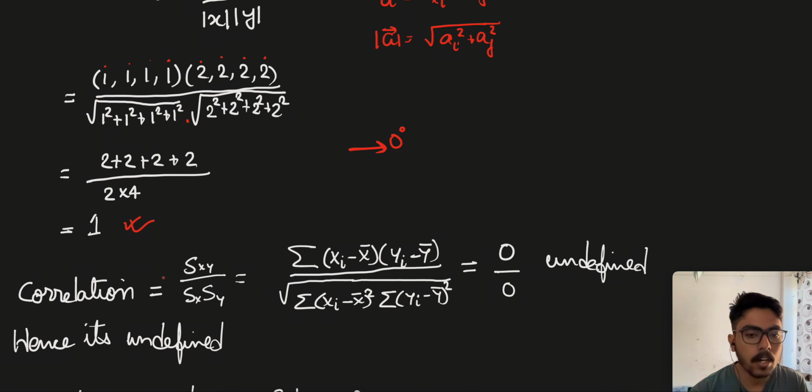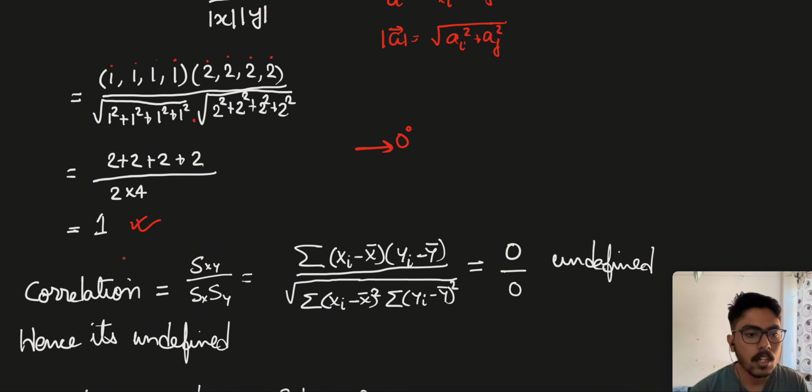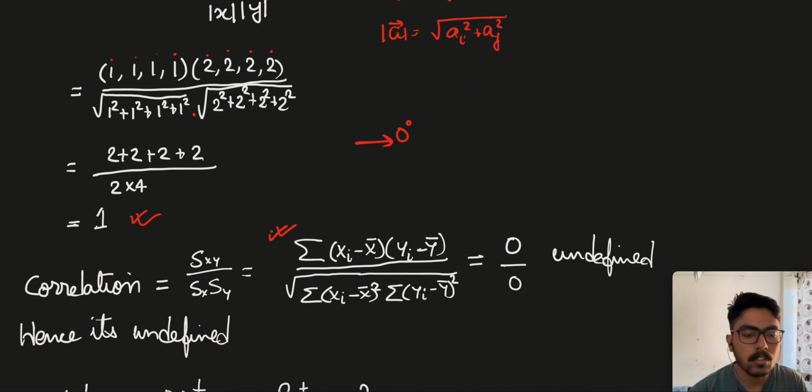For the correlation part, it is defined as s of xy divided by standard deviation of x into standard deviation of y. This you need to remember, because unless you remember this part, it is difficult to calculate the correlation. So sxy is given as summation of xi minus x bar into yi minus y bar.